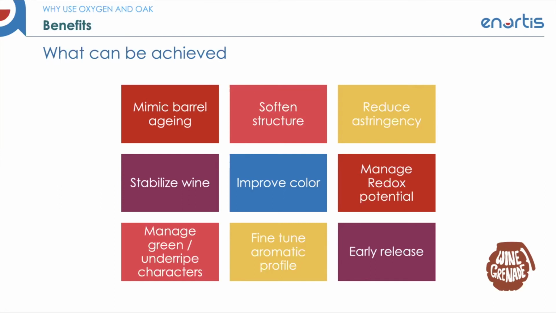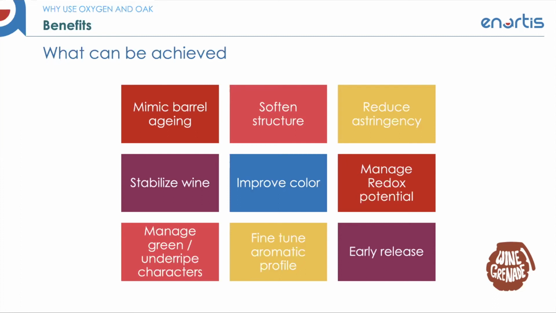So I just wanted to kick things off by saying that oxygen has a role to play at pretty much every step along the winemaking process, and it's often been described as being the lifeblood of wine. So depending on how and when it's used, winemakers can expect to see a whole range of different effects, from increased resistance to oxidation, to stabilized color, to an improved aroma.